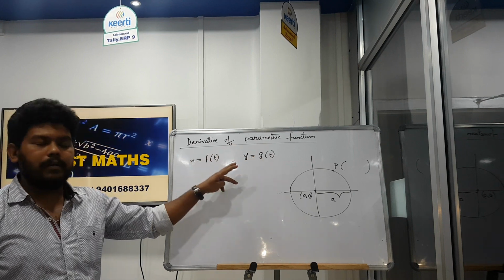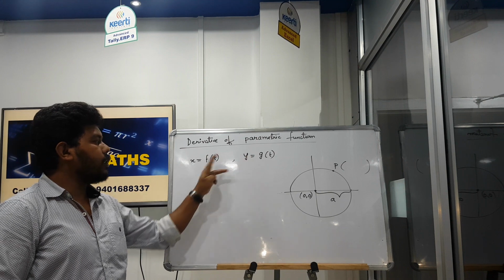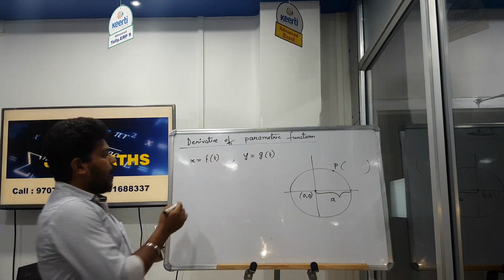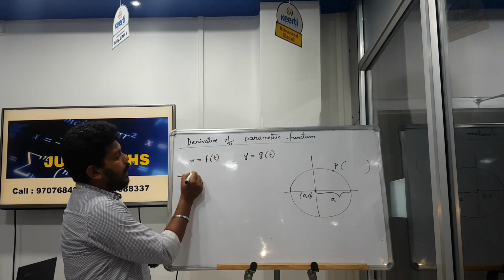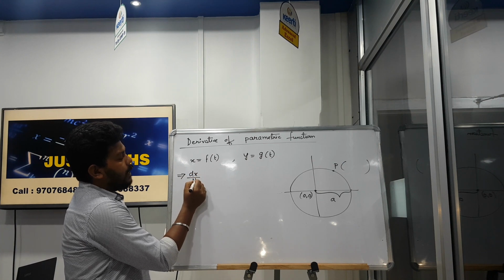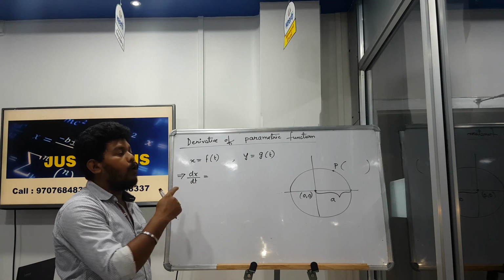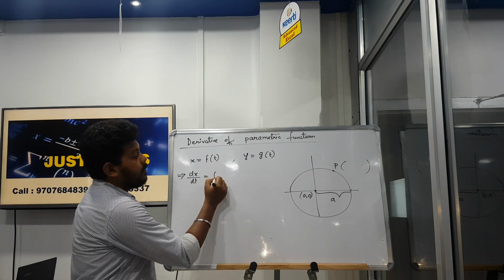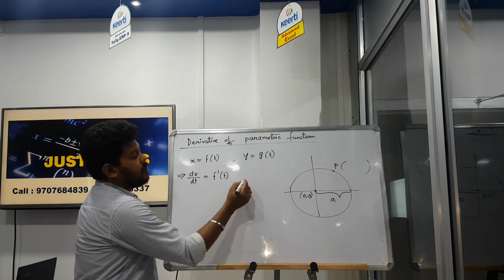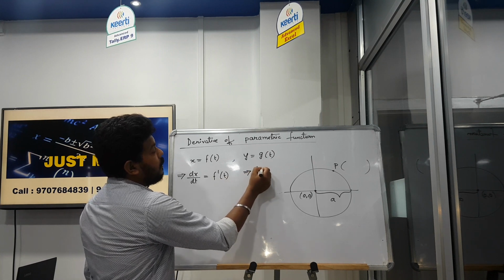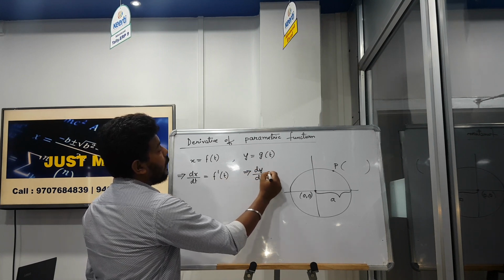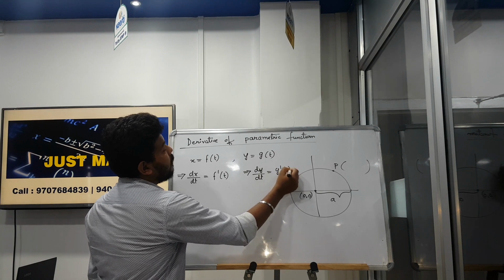Therefore, t is a parameter and f and g are functions of t. Now, if you find dx by dt, that is, if I differentiate x with respect to t, we get f dash t. Similarly, if you find dy by dt, you will get g dash t.